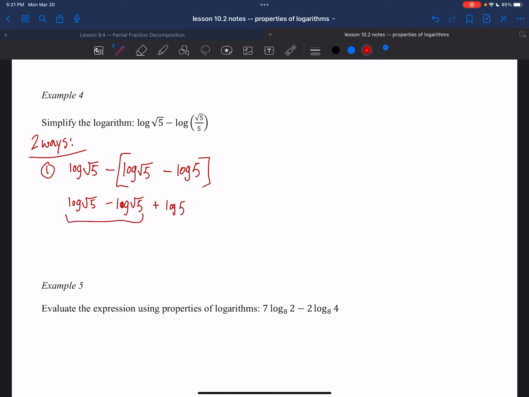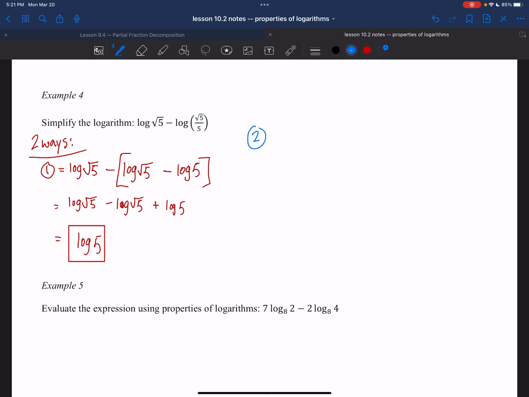So you see these cancel out, right? And that just equals log 5. And you are done. Simplified.